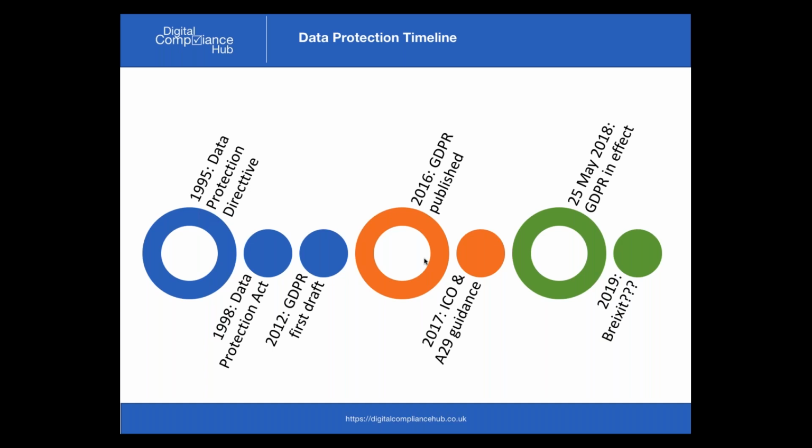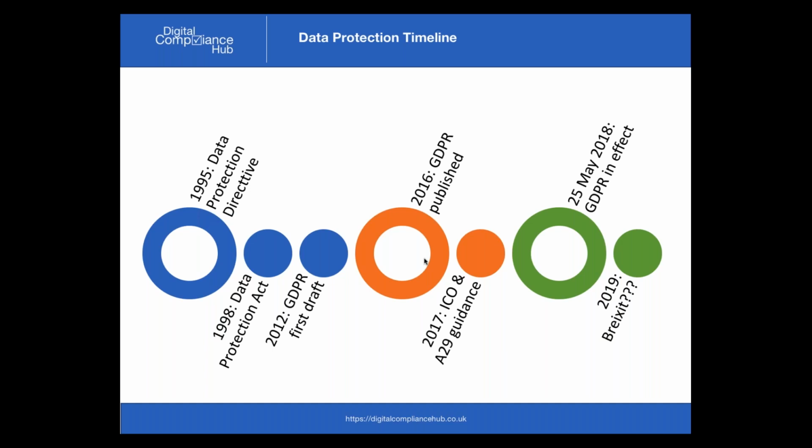So the ICO is ours, for example. So over the next year, we can expect to see quite a lot of guidance and information about how certain aspects of the GDPR are to be interpreted. We've already got clarification on things like the Data Protection Officer role, and the Information Commissioner is consulted on its interpretation of consent, for example.